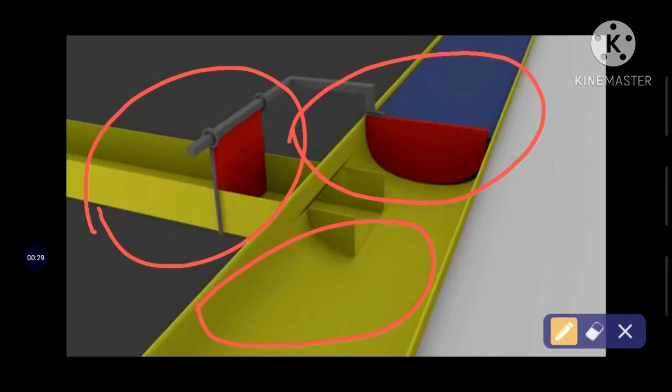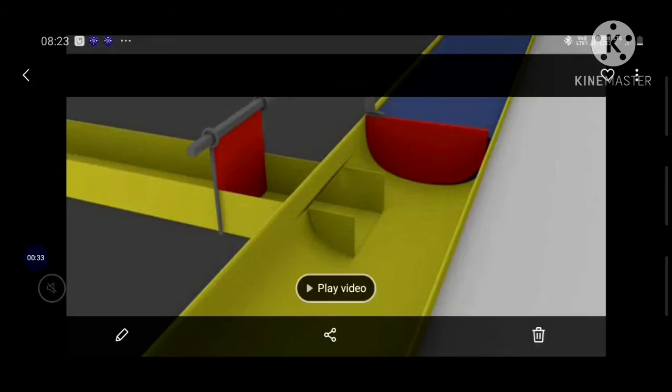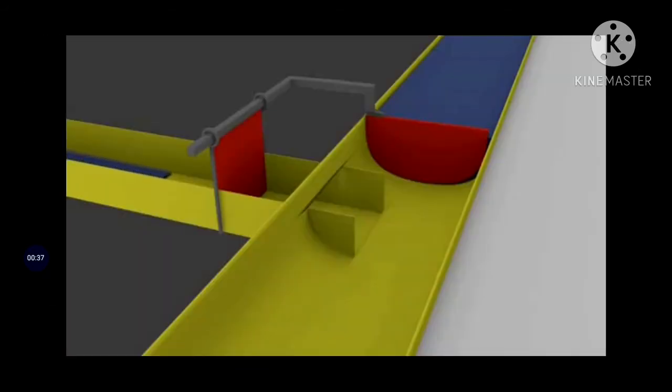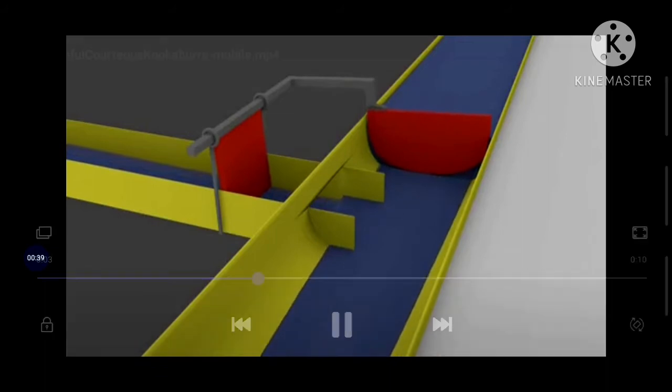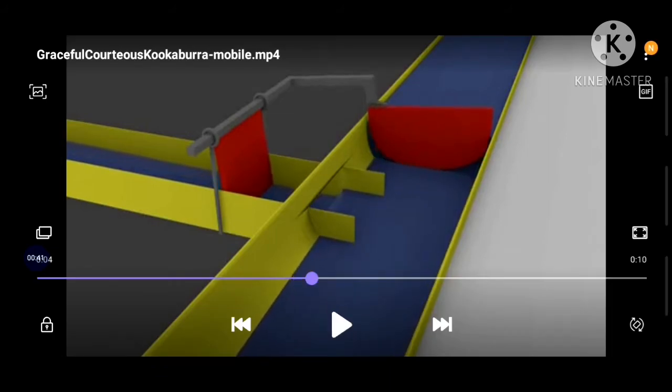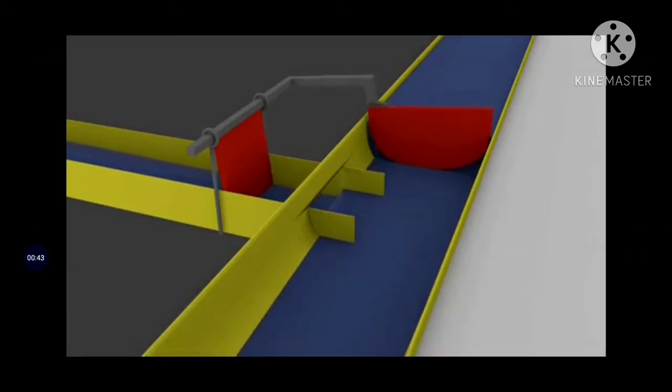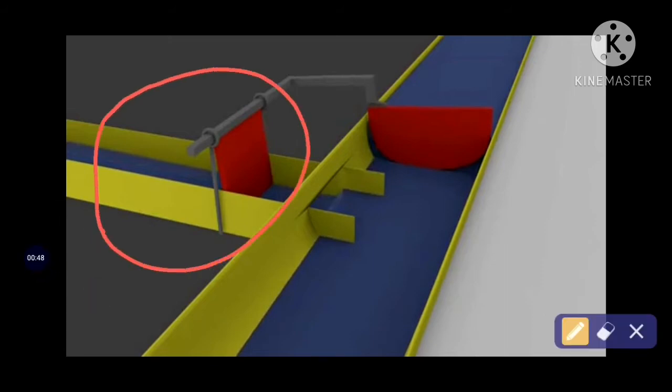Let us see how it actually works. You can see that when the input from this side is coming, it is actually uplifting this valve.